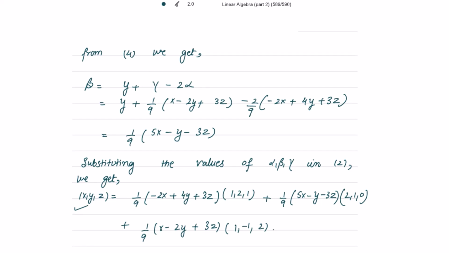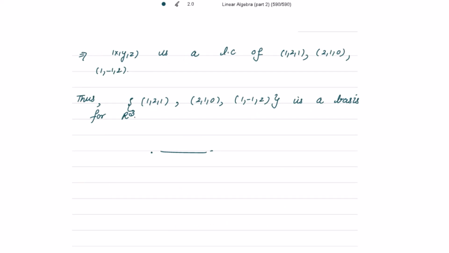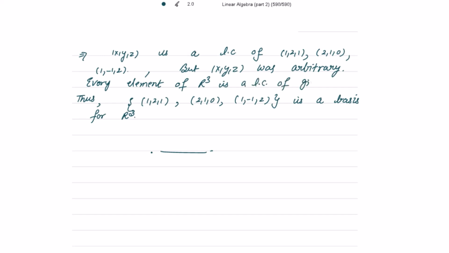This should happen. So now xyz is a linear combination of these, but xyz was arbitrary, which means every element of R3 is a linear combination of the given vectors, that is 1, 2, 1, 2, 1, 0, 1 minus 1, 2, which implies that these vectors are a basis for R3.